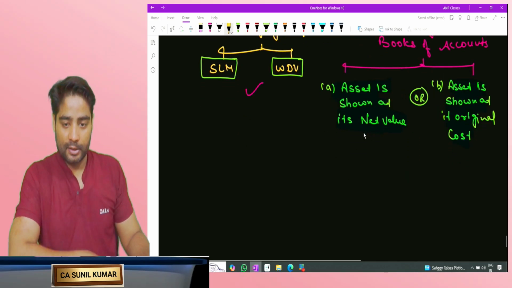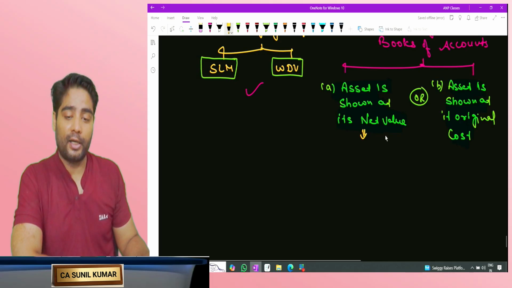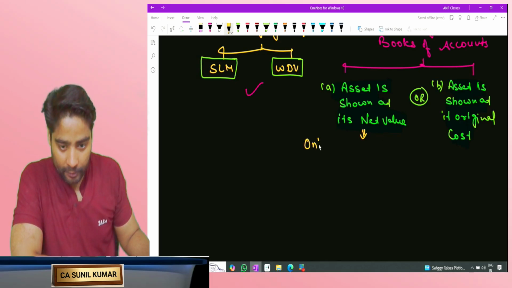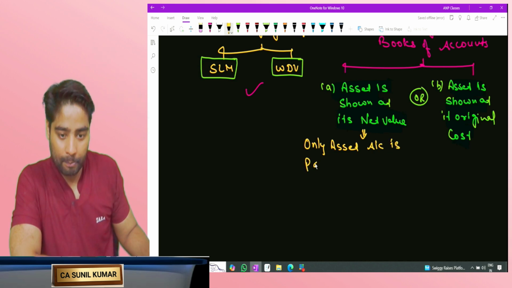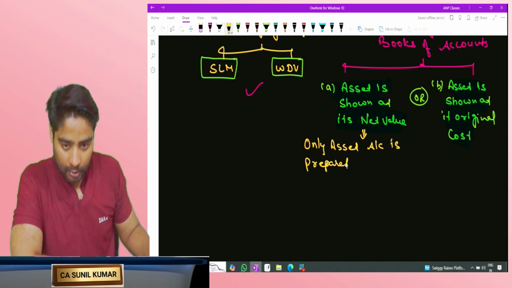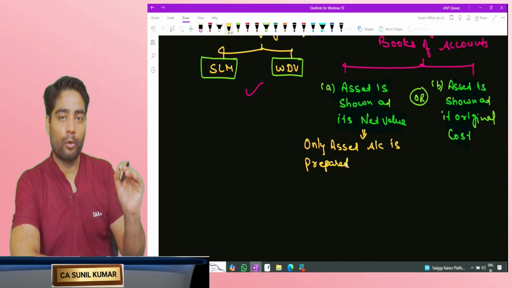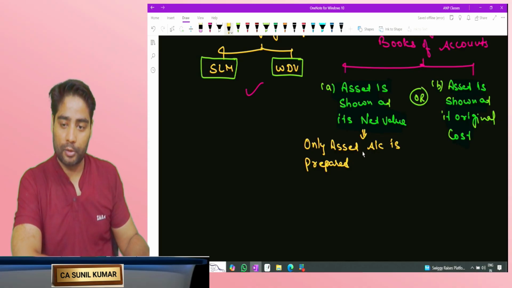When the asset is shown at net value, only the asset account is prepared. We will prepare only one account, that is the asset account.